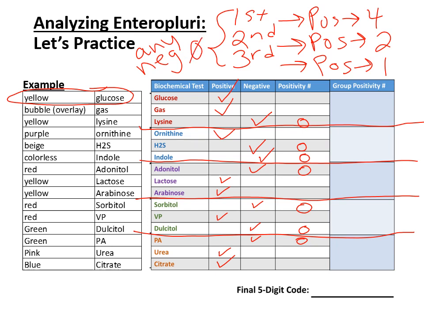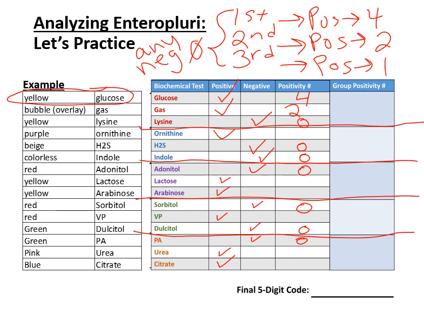Okay? So glucose, that is the first test in that group of 3. So when that is positive, 4. Sorry, the slide was messing up when I was trying to draw on it. So that becomes a 4. Gas, which is positive, is the second test in a group, so that would be a 2.